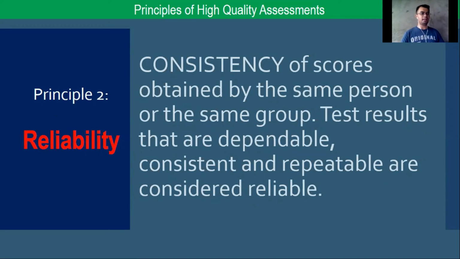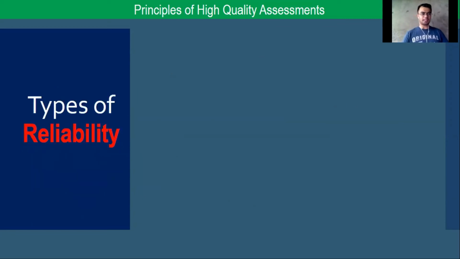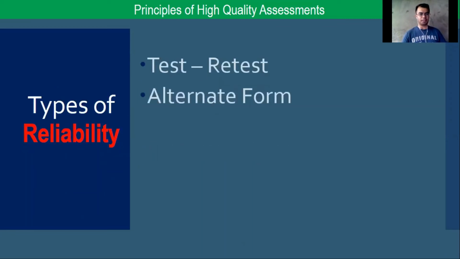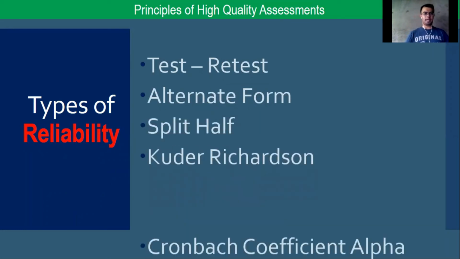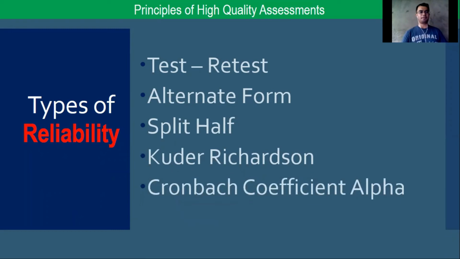And here are the types of reliability: test-retest, alternate form, split half, Kuder-Richardson, and Cronbach's coefficient alpha.